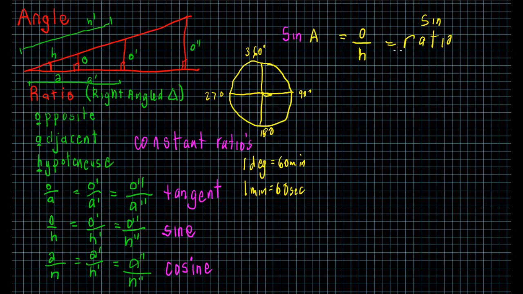Okay, so then they worked backwards. They said, well, hang on. If we know the ratio, and we know one of the sides, we can work out the other side.